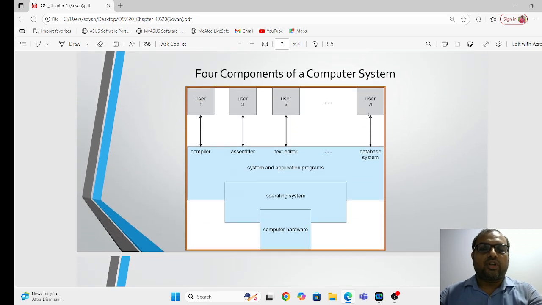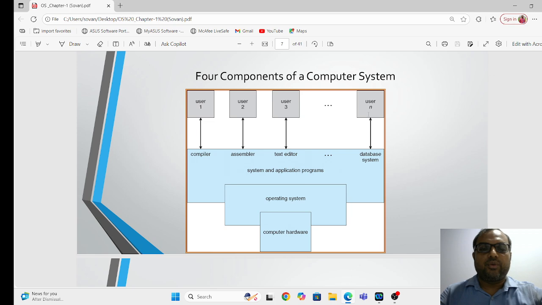Now this is our pictorial view. For example, there are n number of users. Suppose this is our user 1, and they access, say, the compiler. User 1 writes down some programming problem in the compiler editor. Now when user 1 executes this, the instructions will be fetched one by one.